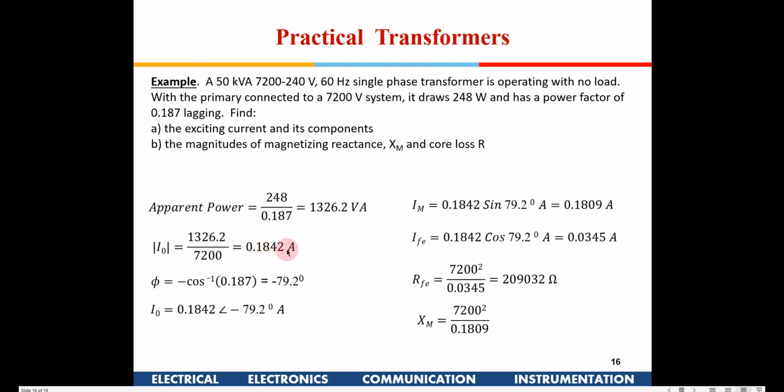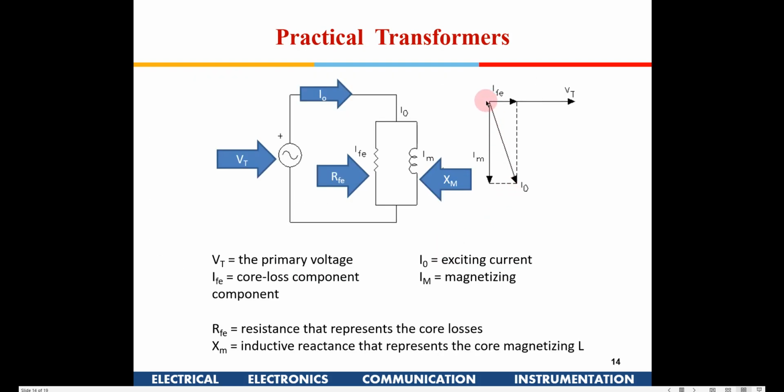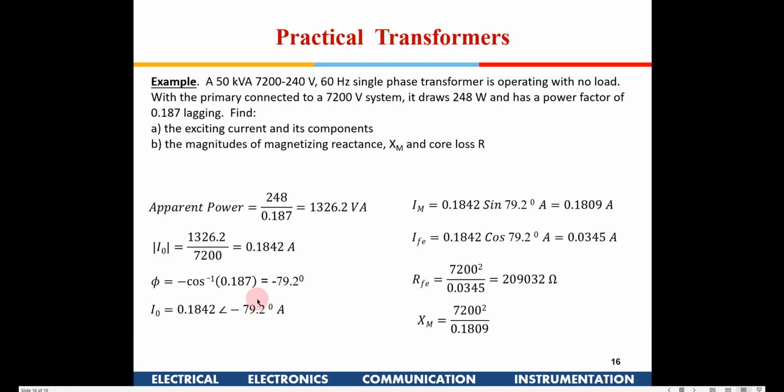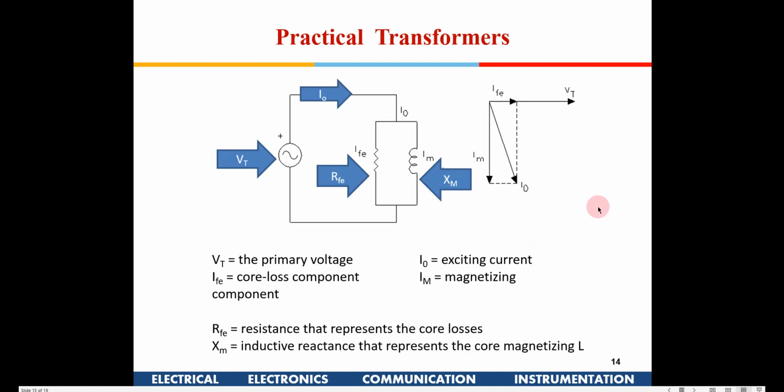Now that is the magnitude of the current, this is I0. It has two components. Cos phi is also given here, so this magnitude we first find out, and multiplied by cos phi it gives IFE, and multiplied by sin phi it gives IM.